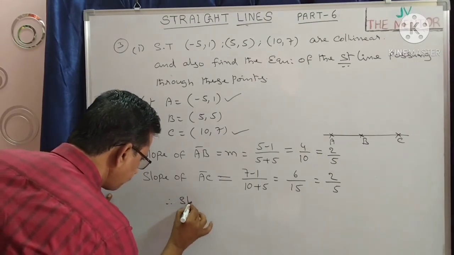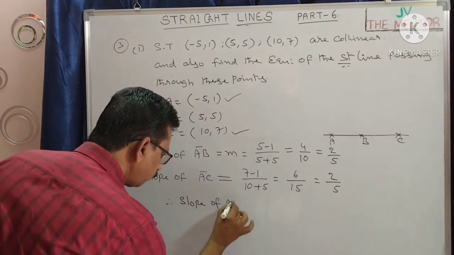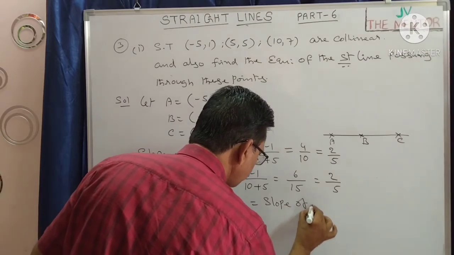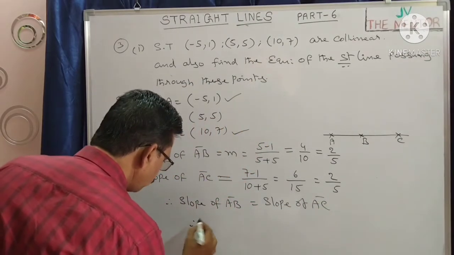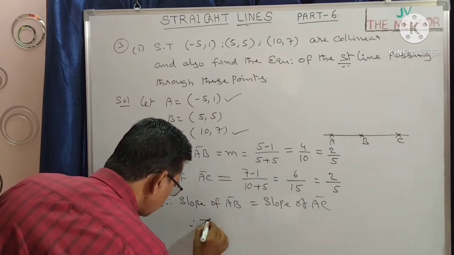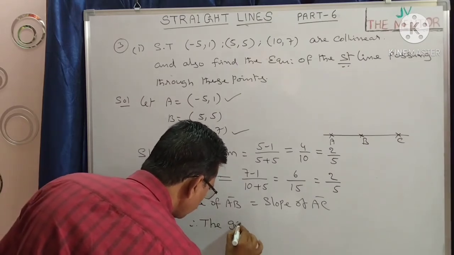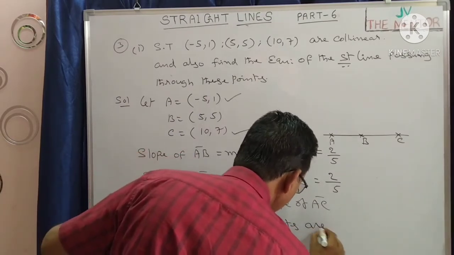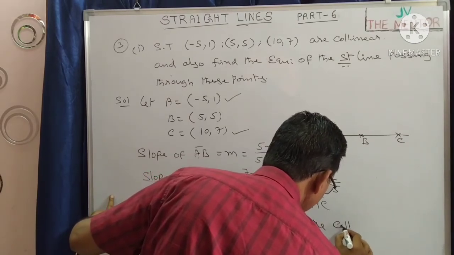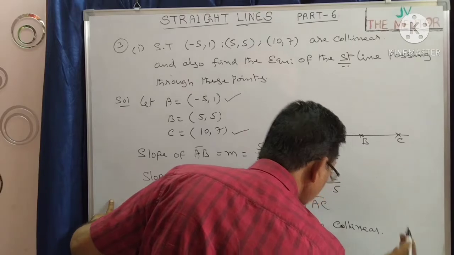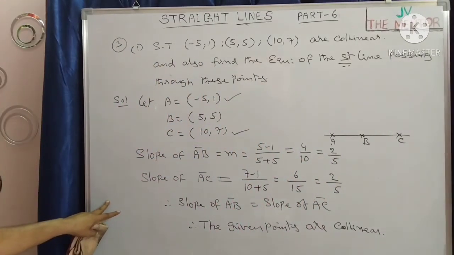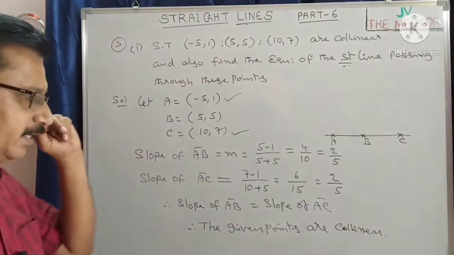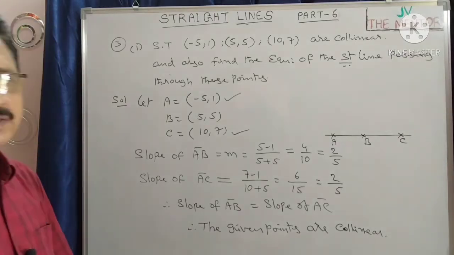Therefore slope of AB equal to slope of AC, therefore the given points are collinear. The first case is over.